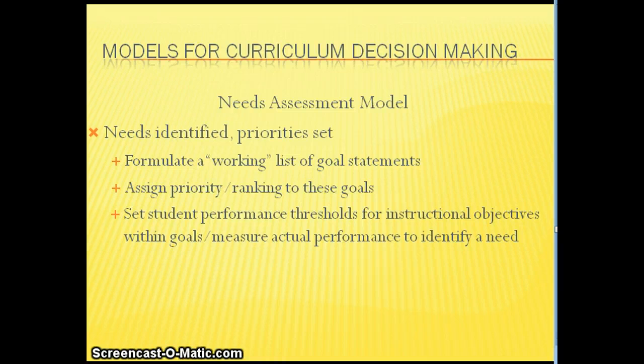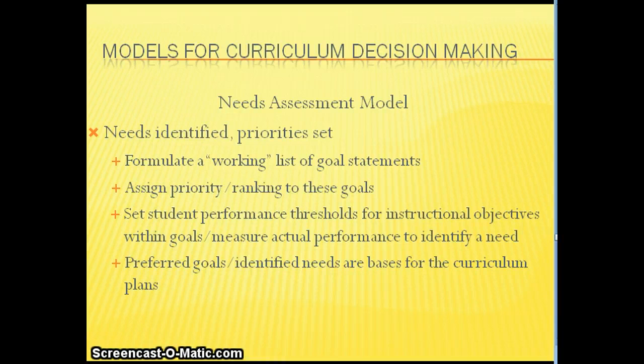But once you identify those, you look at which ones are the biggest need in terms of the list you made before and what folks deemed most important or of the greatest priority. And then you can revise that ranking based on what the data says. Sometimes the gap may be real wide, but it doesn't necessarily mean that it becomes a priority, because you still want to go back to that list that you had before.